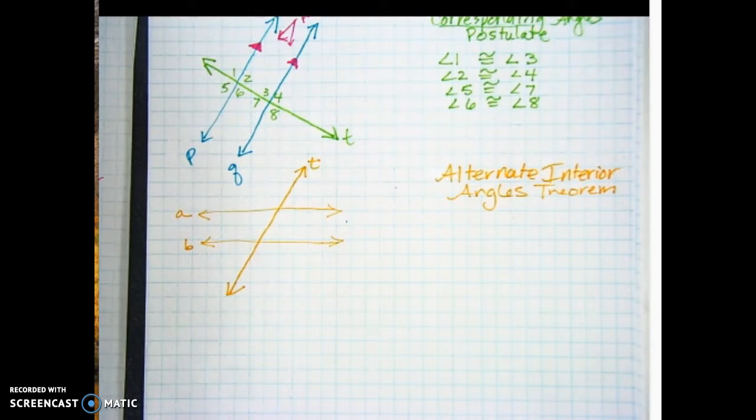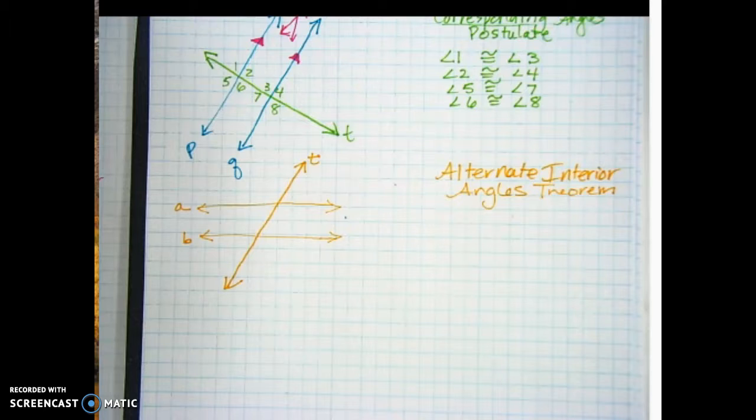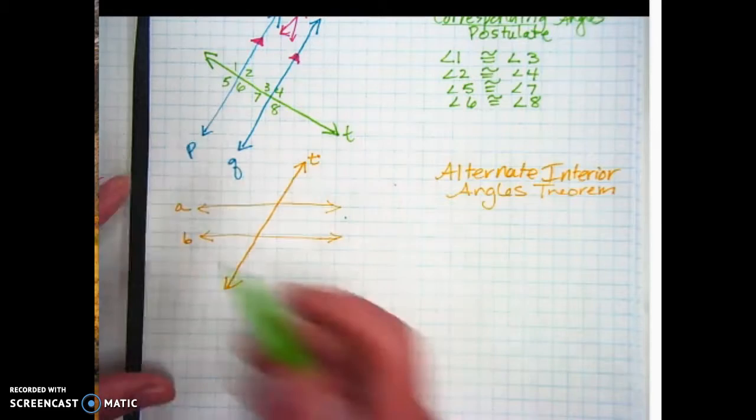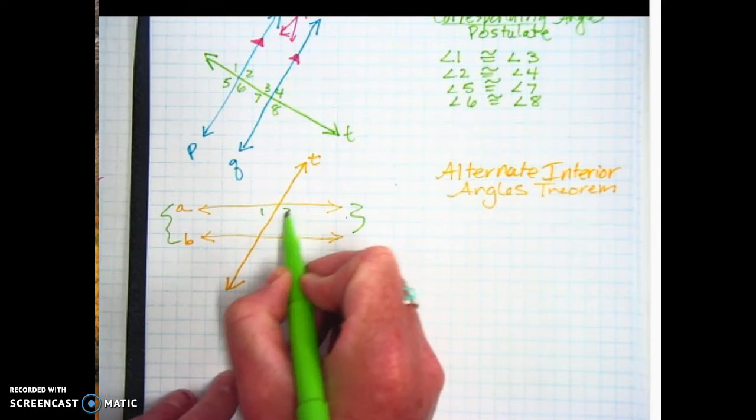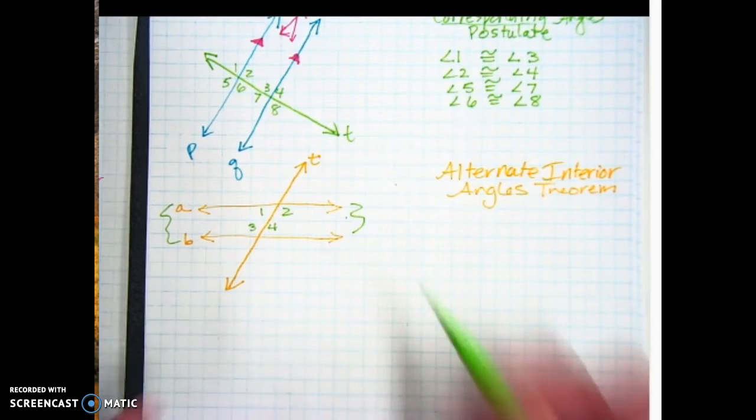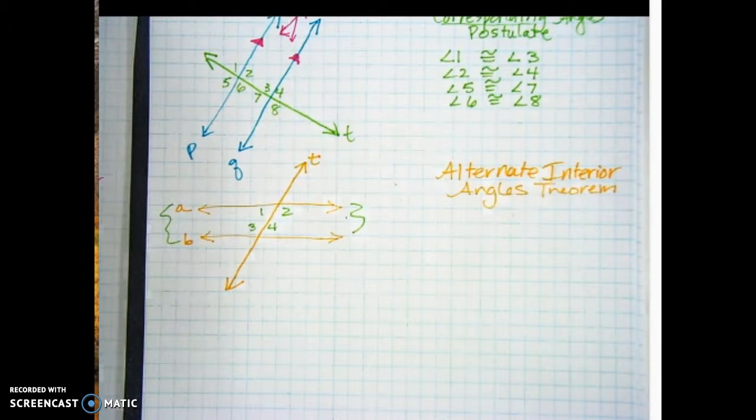So yesterday we just identified the alternate interior angles. Today we're going to talk about their relationship when the lines are parallel. So let's number only the interior ones, the ones between the 2 lines A and B. So let's number 1, 2, 3, and 4. I don't need to worry about the other 4, just those 4 interior ones.